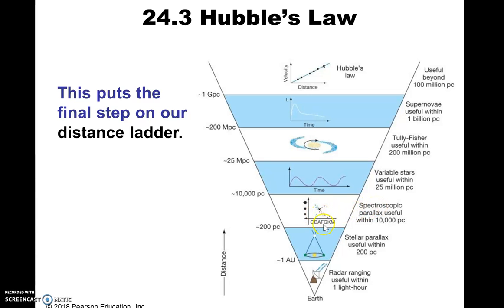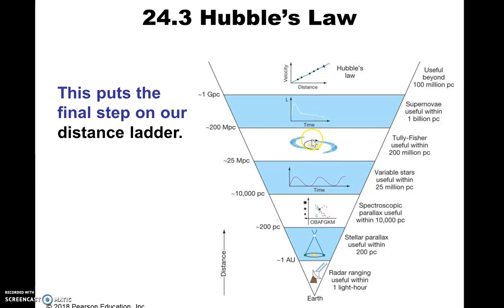And then, of course, you keep looking for as much overlap as you can. For example, the Tully-Fisher method, right? That's for spiral galaxies, and that works really well from about 25 megaparsecs to 200 megaparsecs out there.